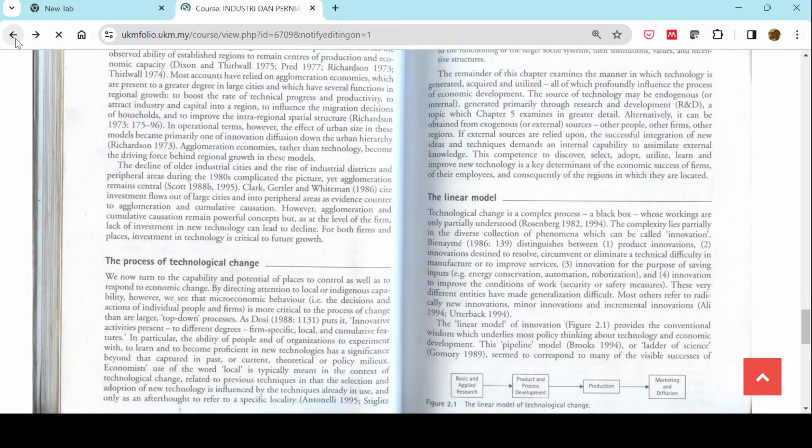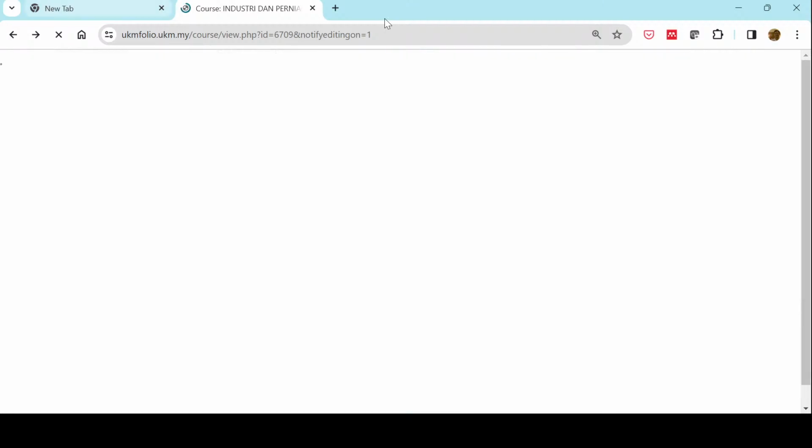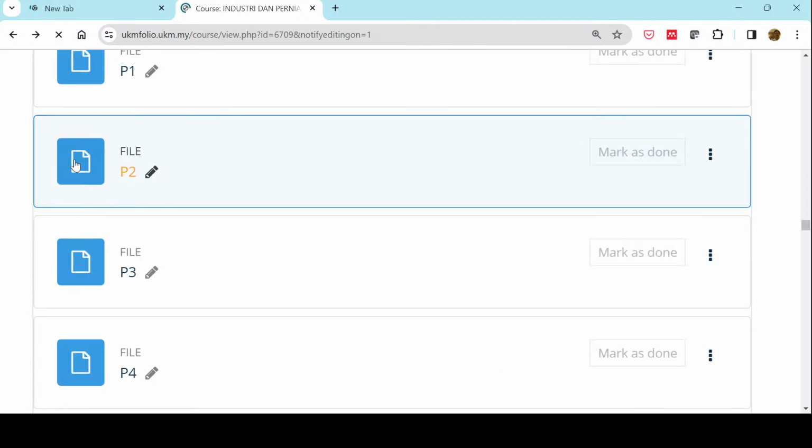Oh, sorry. The second page, which is the iterative model.